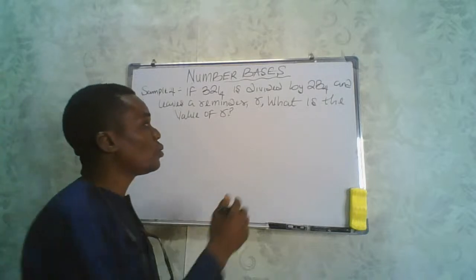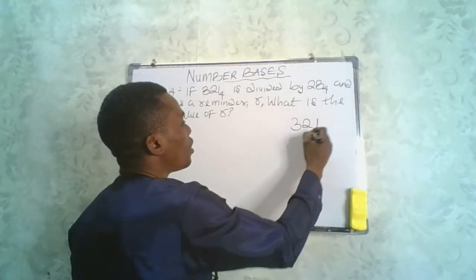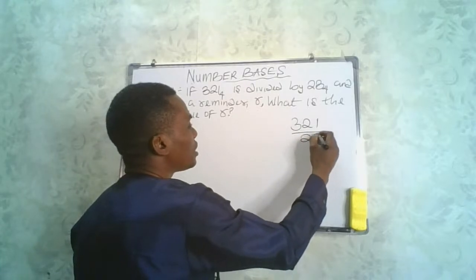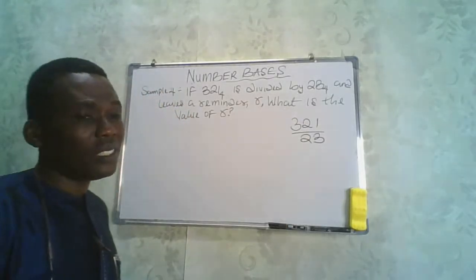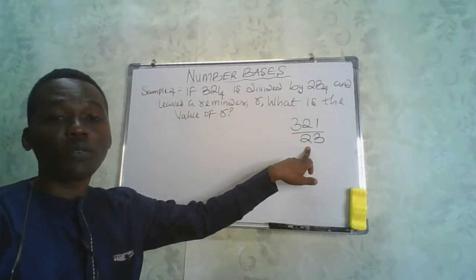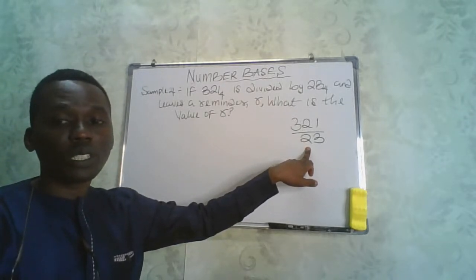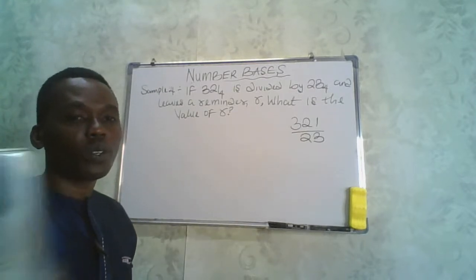Now, I bet you, if you go ahead and divide 3, 2, 1 by 23, since they are in base 4, the remainder you get will be very wrong. If you try it, you're going to see that you're not going to get the same result.